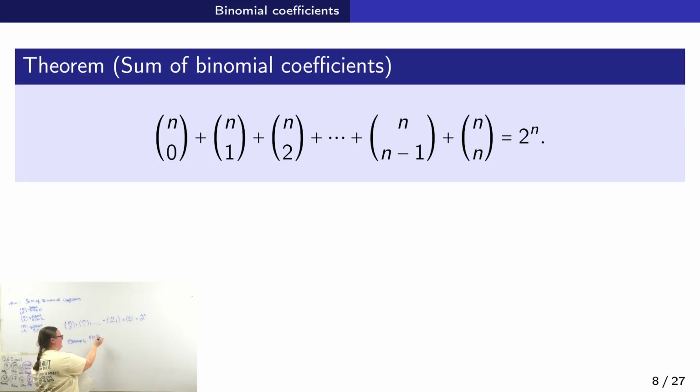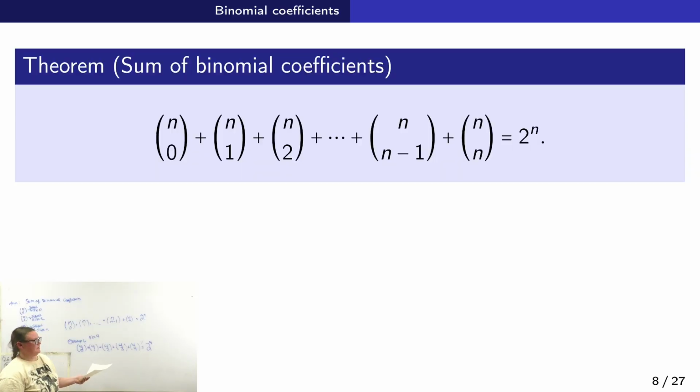And a fun little example, let's let n be 4. When I was working on these, I was like, oh, let's just pick 5, and then I remembered that would take forever. So even 4 is gonna suck, but that's okay. So we have 4 choose 0, plus 4 choose 1, plus 4 choose 2, plus, I really wish I would have done 3, 4 choose 3, plus 4 choose 4 is equal to, well, we already know, 2 to the power of 4.